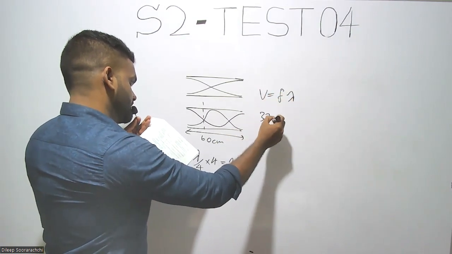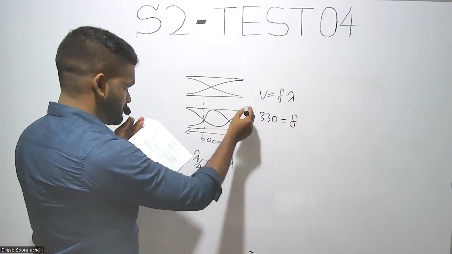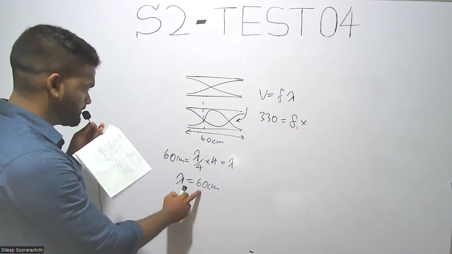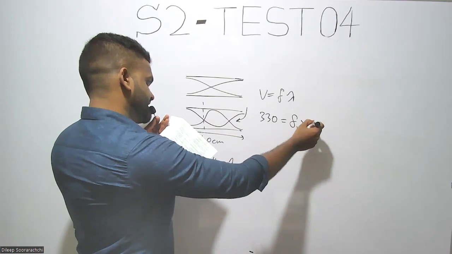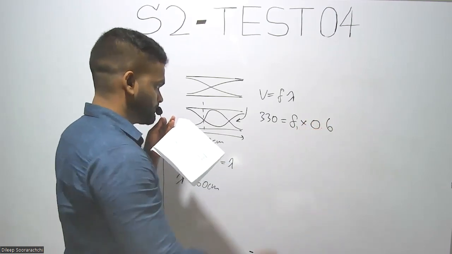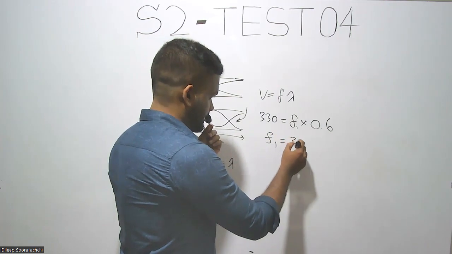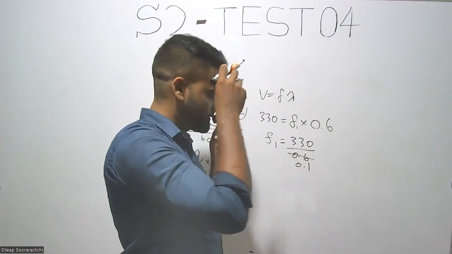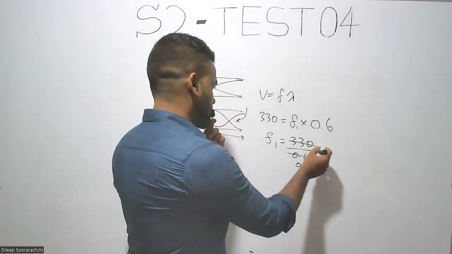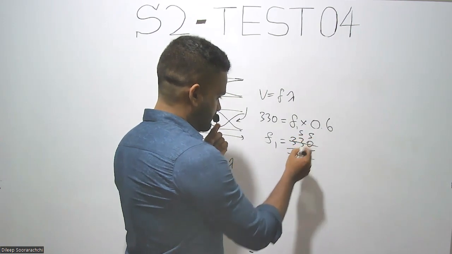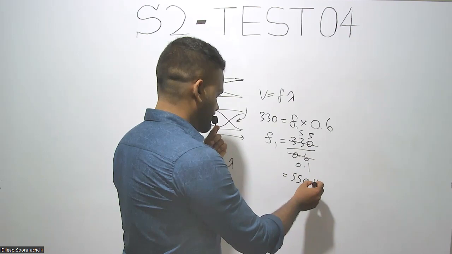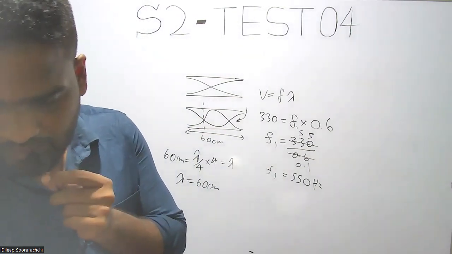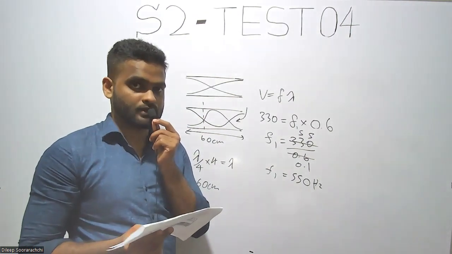V is 330 meters per second, times lambda. We found lambda as 60 centimeters, which means 0.6 meters. So F1 is 330 divided by 0.6. Dividing by 6, both numerator and denominator, we get 550 hertz. So the frequency of the first overtone is 550 hertz. The answer should be the fourth one for the 7th question.